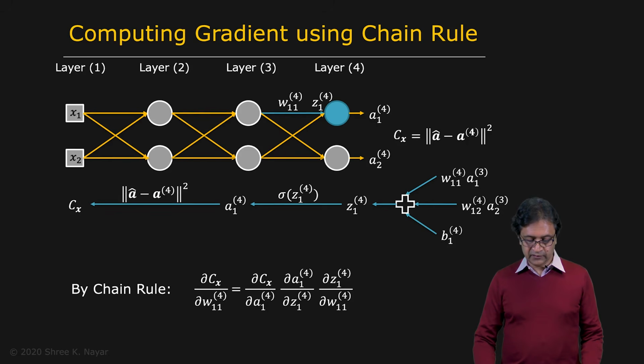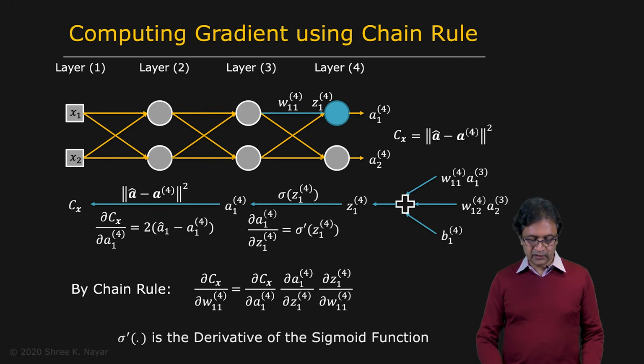There are three derivatives here, and let's look at the first two. For the first, just by writing out this expression, you can show that to be 2 times (A1 hat minus A14). The second is nothing but the derivative of the sigmoid function with respect to Z14.